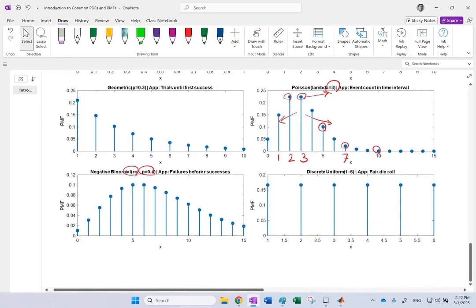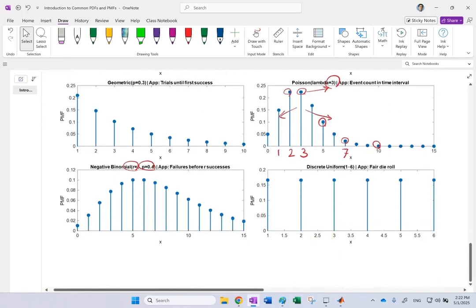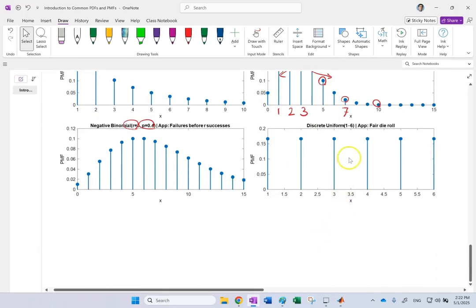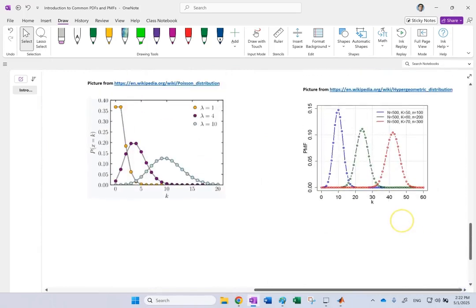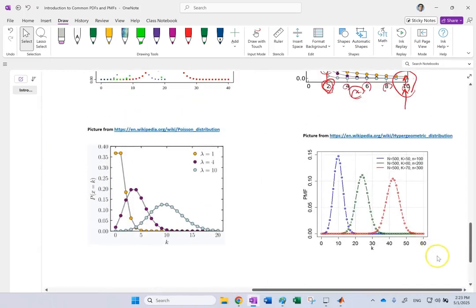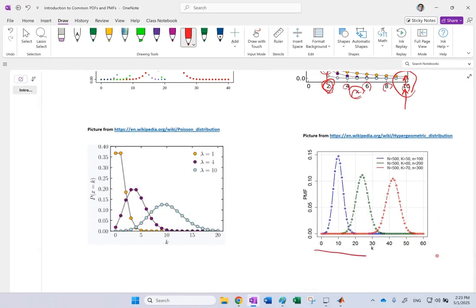And let's see if I have one for that here. I don't see it. This is the discrete one, of course, for 6 possible outcomes. Let's see if I have something here. There we go. So this is the hypergeometric.